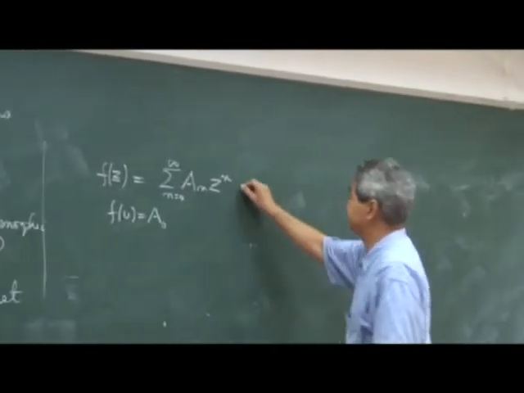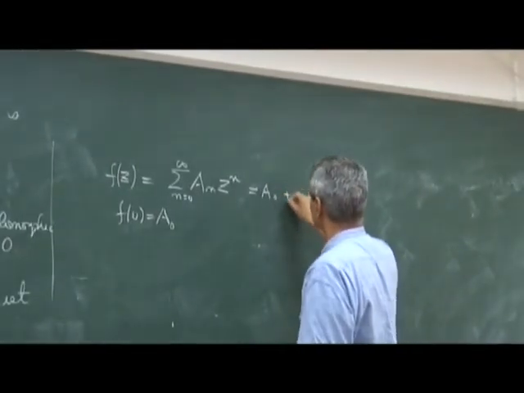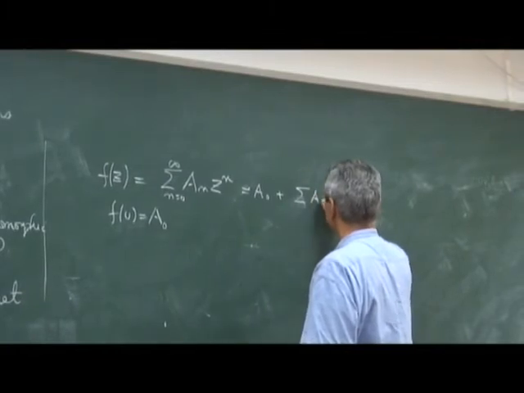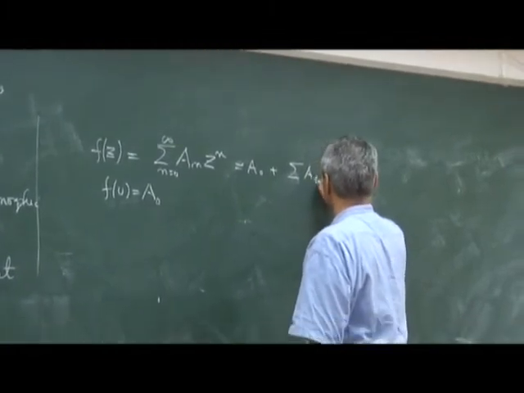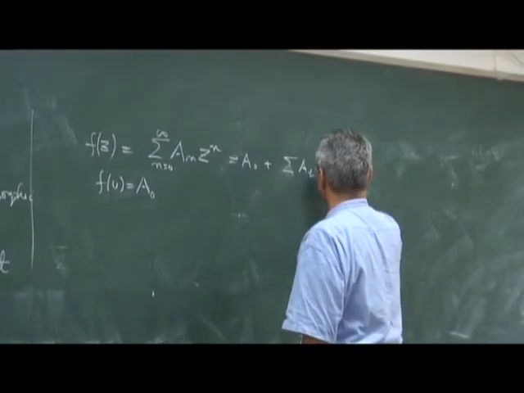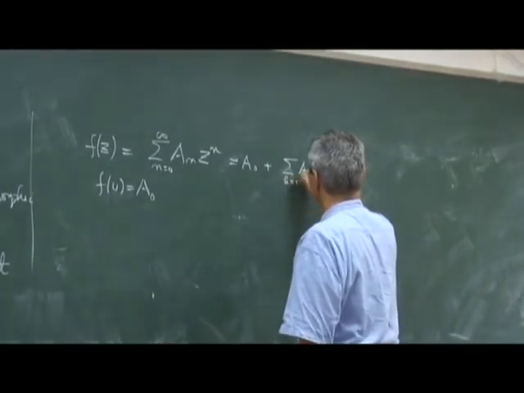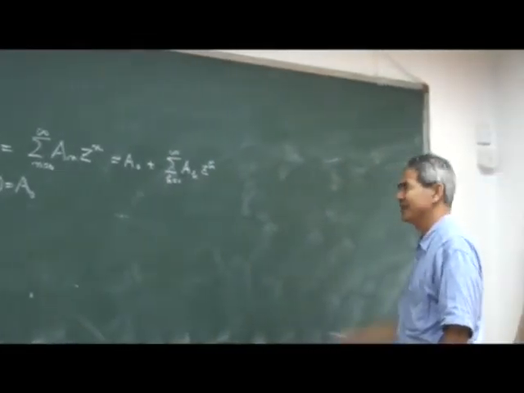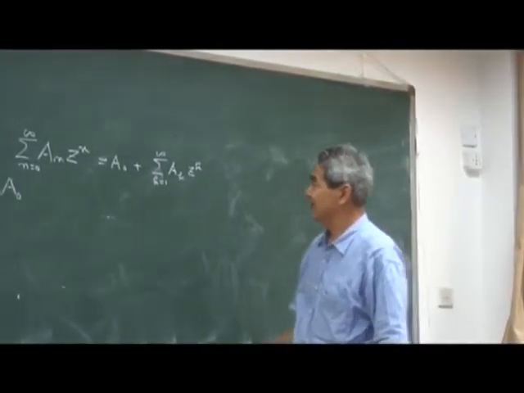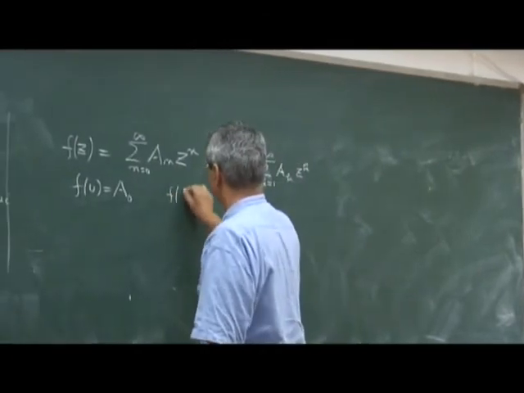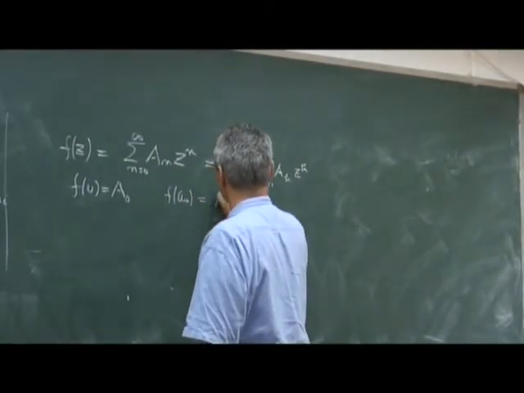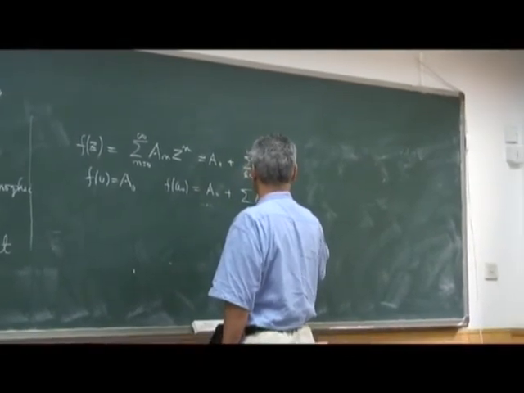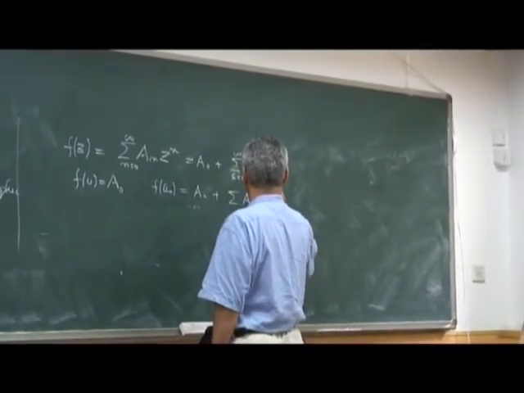So you have a_0 plus higher terms. And just consider f(a_n). Then this a_0 is again the same as f(a_n) for all k.